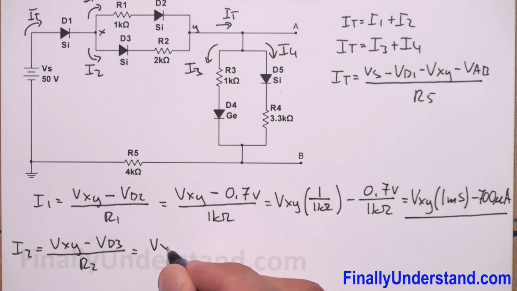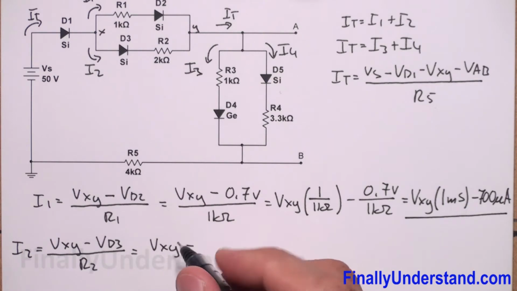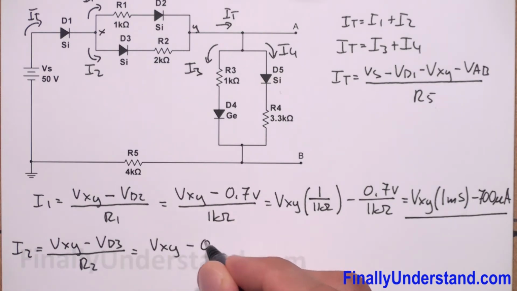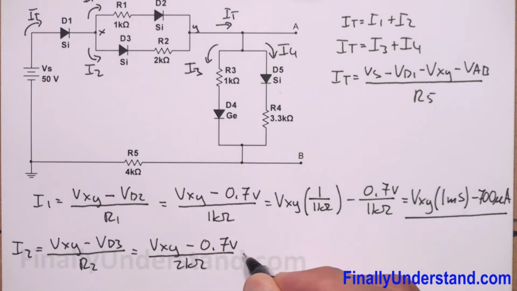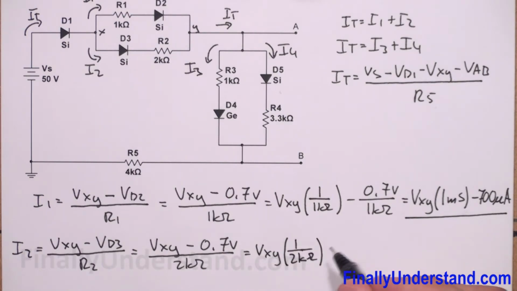So this is VXY minus VD3, which is also silicon, minus 0.7 volts over R2, which is equal to 2 kilo ohms. So this is equal to VXY times 1 divided by 2 kilo ohms minus 0.7 volts divided by 2 kilo ohms.